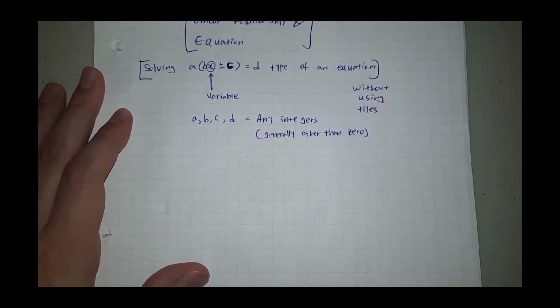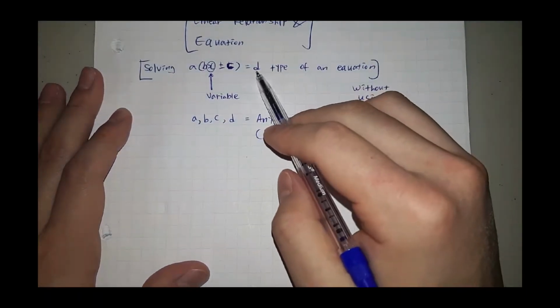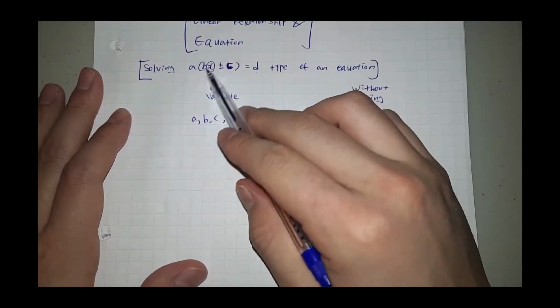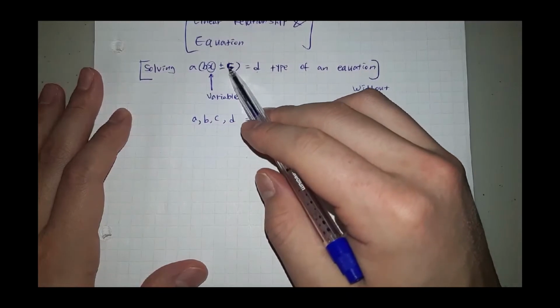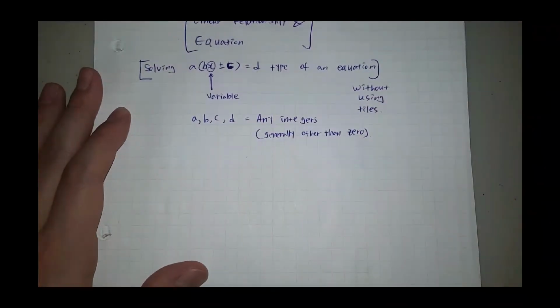Really odd times, sometimes D can be equal to 0, like 3 bracket 2x minus 4 bracket close equal to 0. That kind of weird situation can occur, just for the heads up.